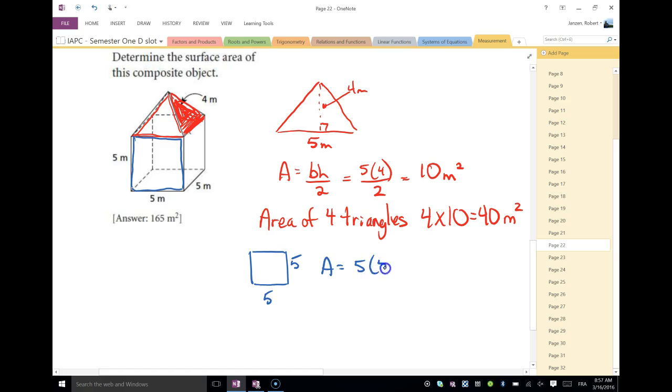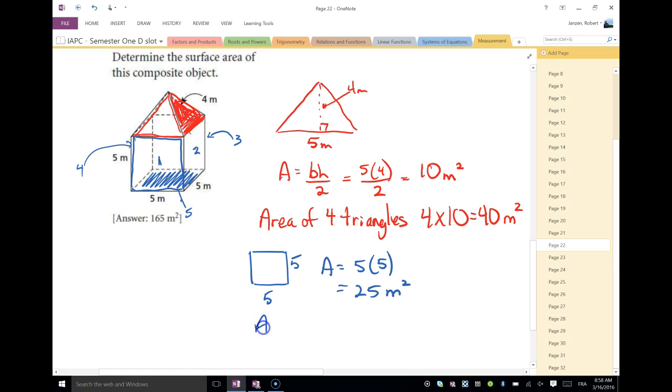Area of a square is base times height, and I get 25 meters squared. Now, how many of those squares are there? Well, we've got 1 here, 2 here, 3 in the back, 4 on this side, and there is actually 1 more on the base.